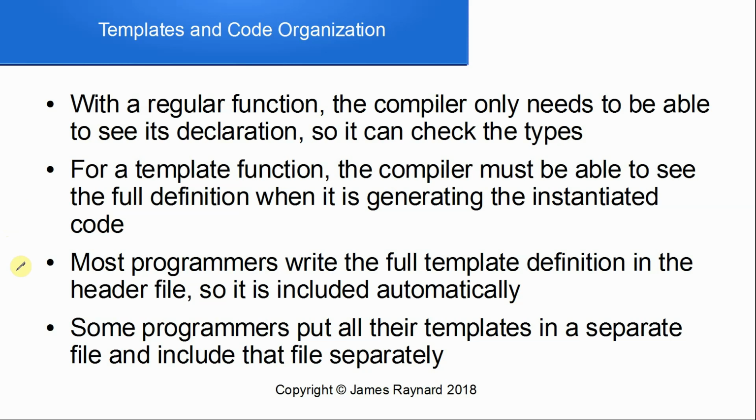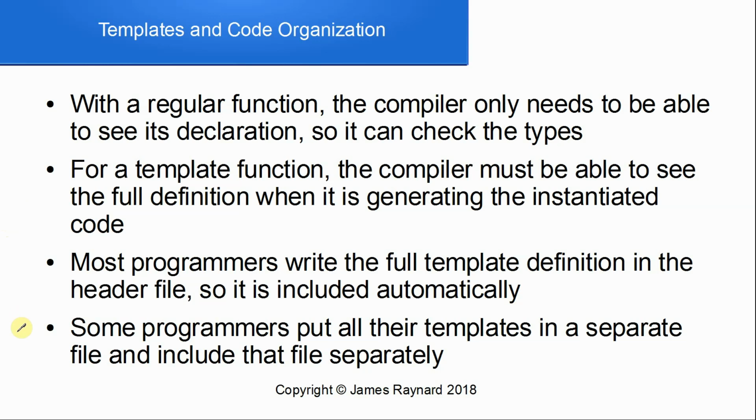The obvious way to do that is just to write out the full template definition in the header file, and then it gets automatically included along with the function prototypes for normal functions. And that's actually what most programmers do. However, some programmers prefer to put all the template code in a separate file and then include that file as well.